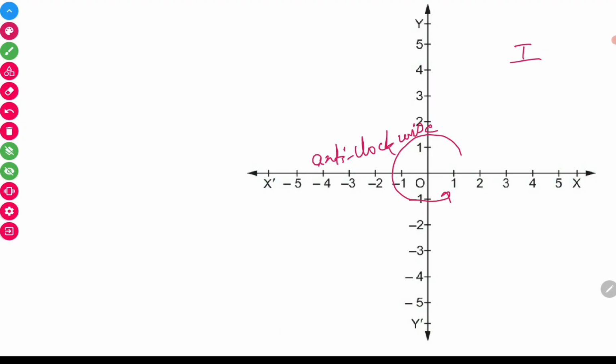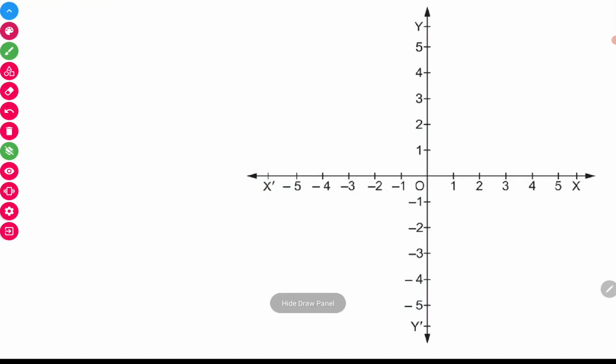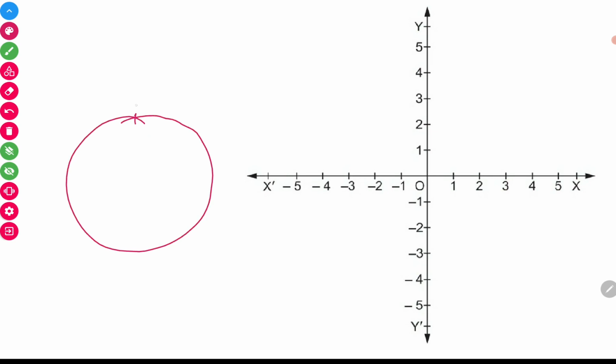A clock moves from this side to this side, like 12, 1, 2, 3, and always your time moves in this direction.